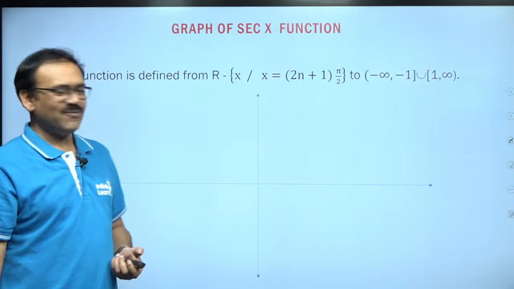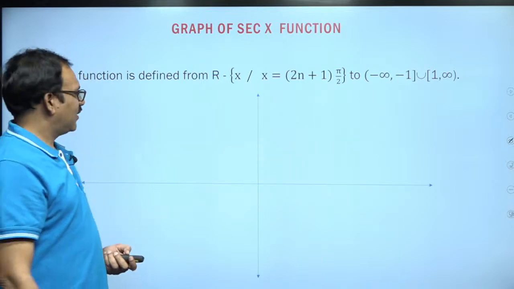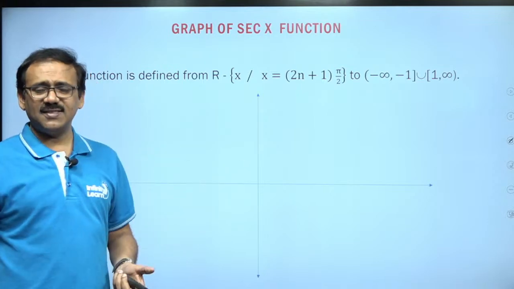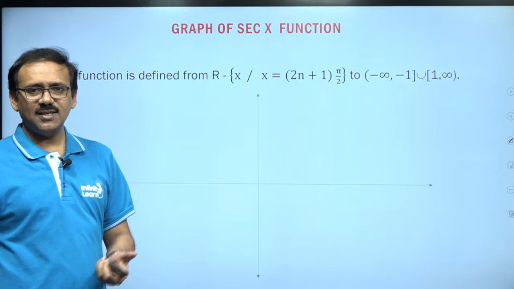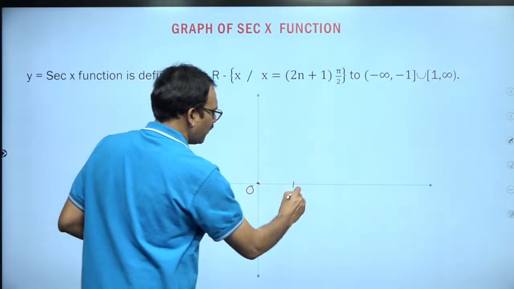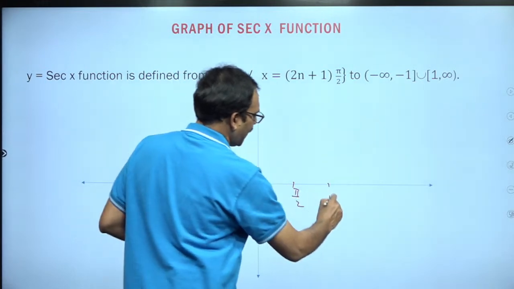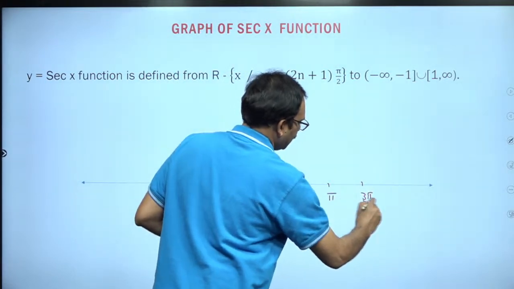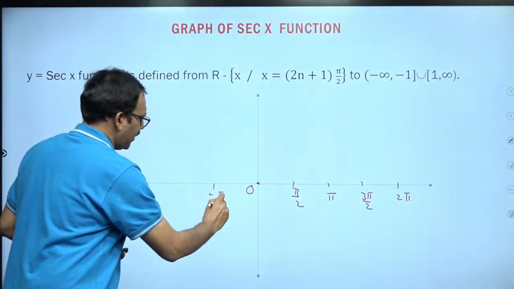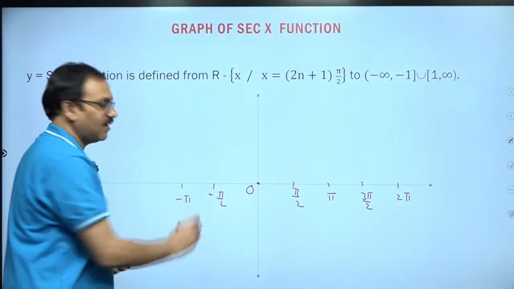Yes, sir. Fine. So, now you see, to plot this particular graph, dear friends, same like sine, cos, secant, cosecant, you can just put. Now, you can draw, I think, 0, pi by 2, pi, 3 pi by 2, 2 pi, in the same way minus pi by 2, minus pi, like this.